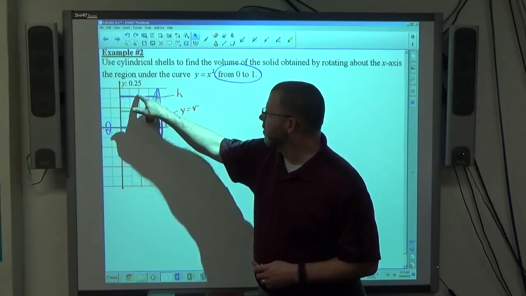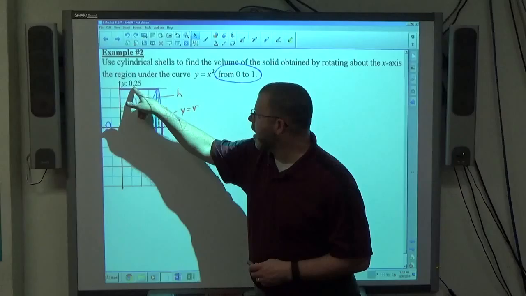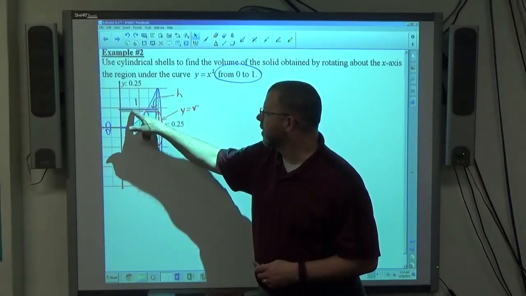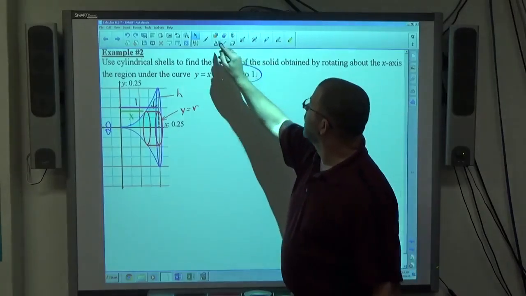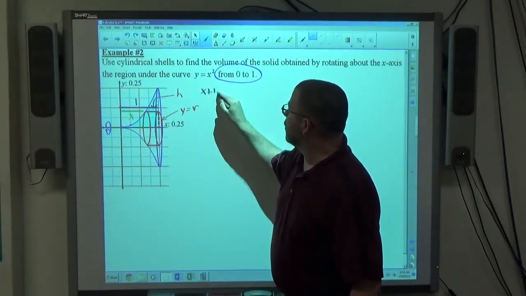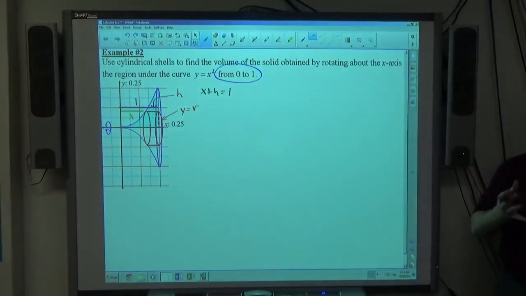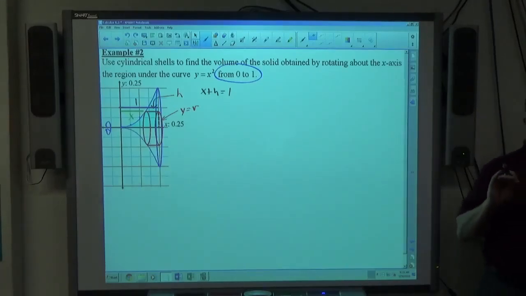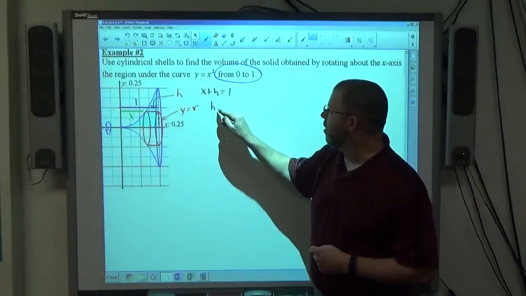That never changes. The bottom of this region, of this solid, and the y-axis are always 1 apart. So what I can see from this picture is forever and for always that x plus h has to equal 1. And again, h is the thing I'm looking for in terms of x. h has to do with x, but h doesn't equal x. h actually equals 1 minus x.